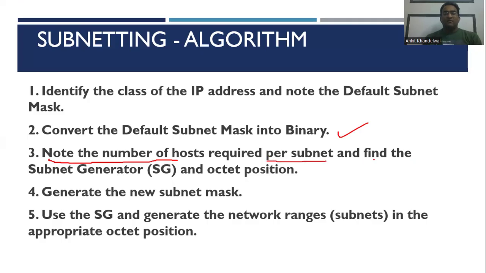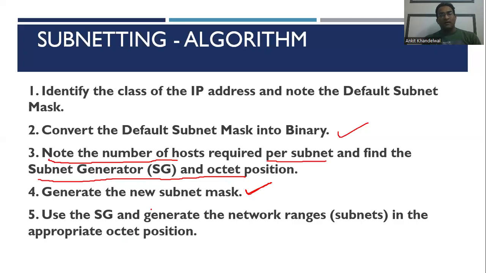And then we will find the subnet generator and its octet position. From this subnet generator and octet position, we will generate the new subnet mask. This will be the fourth step. And by using this subnet generator, we can generate the network ranges, that is subnetworks, in the appropriate octet position there.